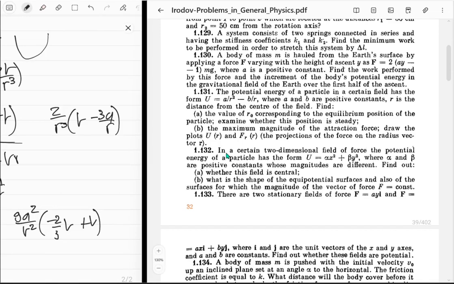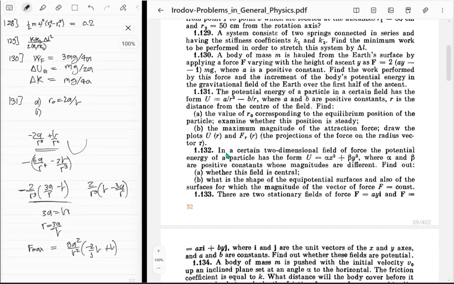So this is the force. You want the maximum magnitude, and also you want this to be attractive. So when is this guy's maximum magnitude? We took the second derivative, something like that, right?